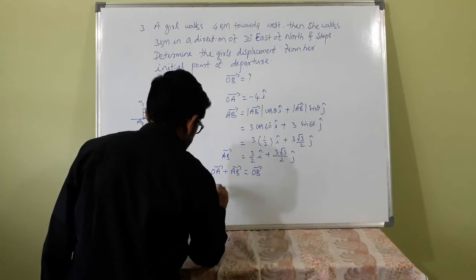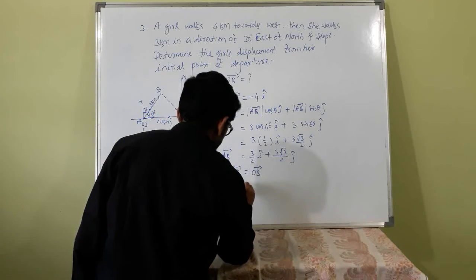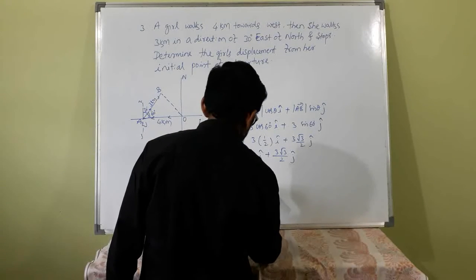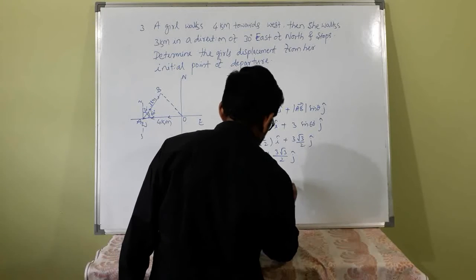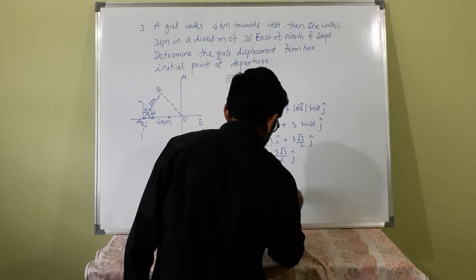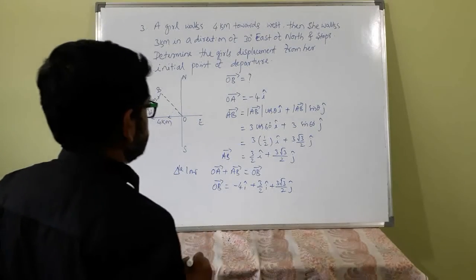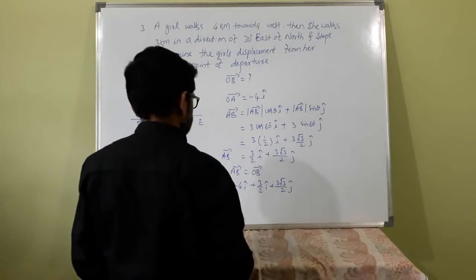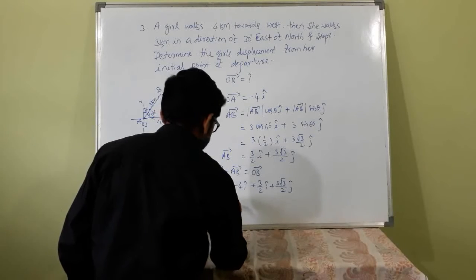Therefore OB is equal to minus 4 i plus 3 root 3 by 2 j, plus 3 by 2 i. Minus 4 plus 3 by 2 means how much it is? Minus 5 by 2, isn't it?